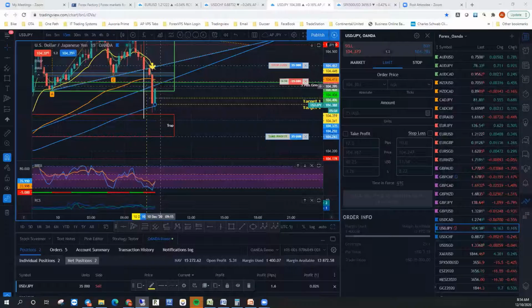Nice little retracement of this trade. Well, we'll see if it goes 38% of the move down.